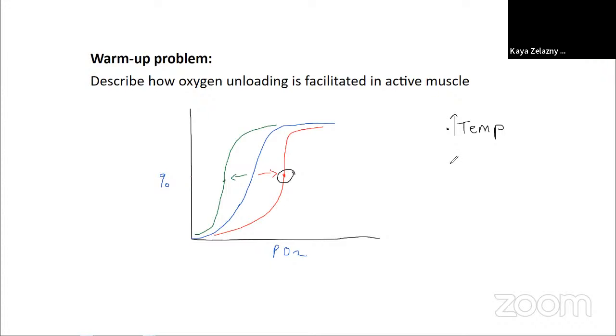We also have changes to pH. So pH gets more acidic in active tissue. We have acid buildup. So we have a drop in pH, which also creates this right shift.